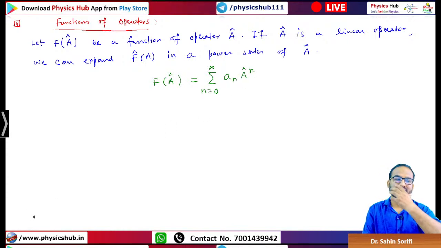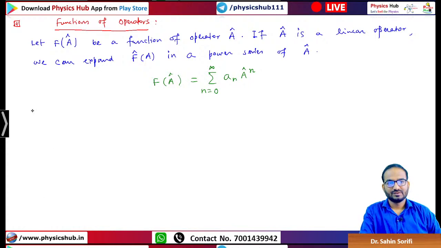You can expand it in this way, where these a_n are the expansion coefficients.